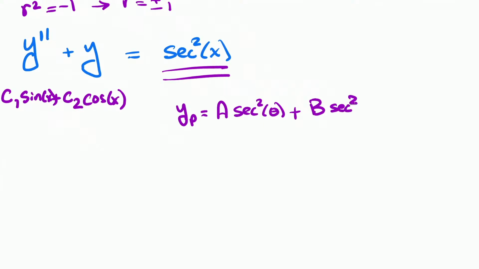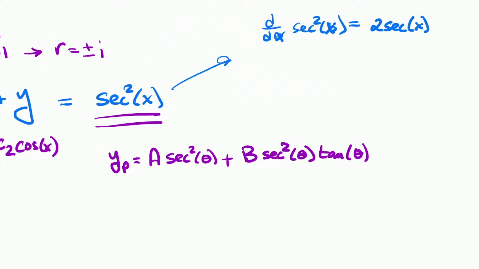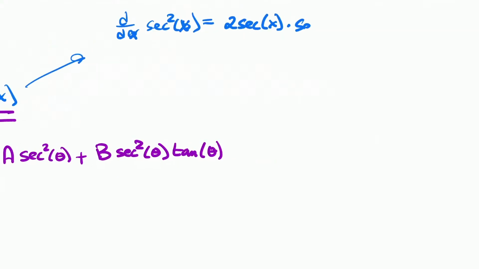What's the derivative of secant squared? It's 2 secant times the derivative of secant, which is secant tangent.